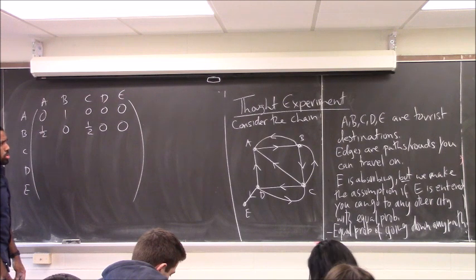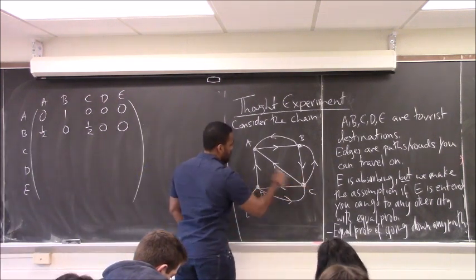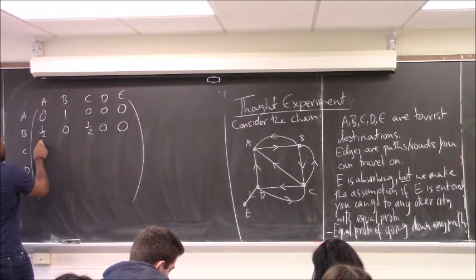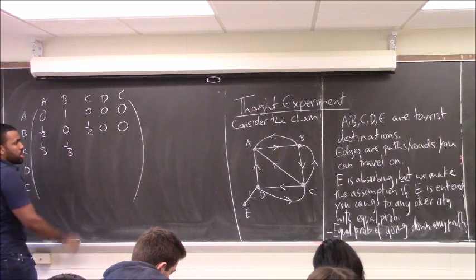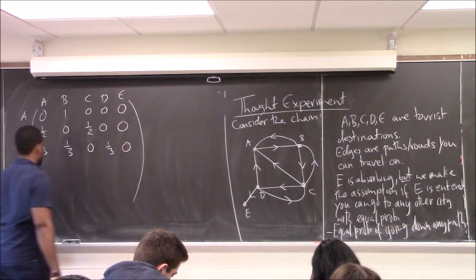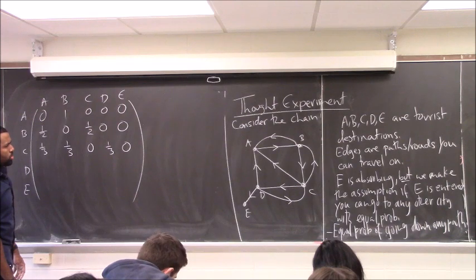C can go to, how many paths leaving C? 1, 2, 3. So it will have a third of a chance going to any of those. Third going to A, third going to B, third going to D, 0, 0. D, paths from D, they're also 3.